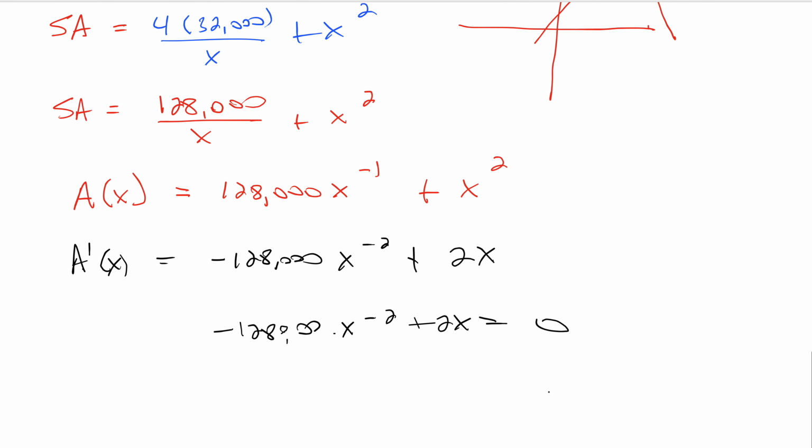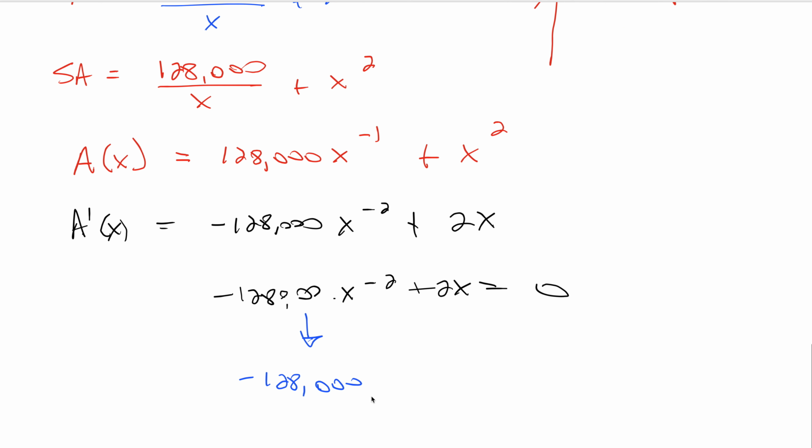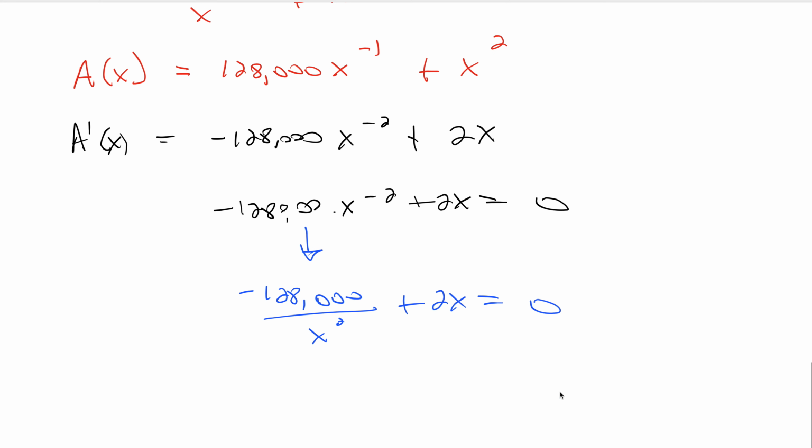And then I'm just going to rewrite this completely as over x squared. Or here, let's just do it like this. So negative 128,000 over x squared, because that's what x to the negative 2 is, plus 2x equals 0. Okay, so now how do we solve for x?